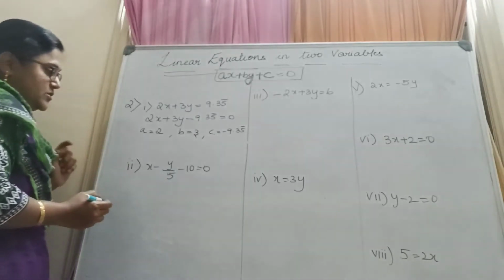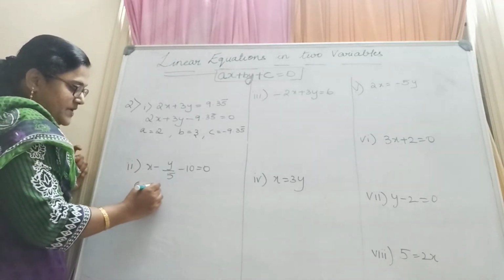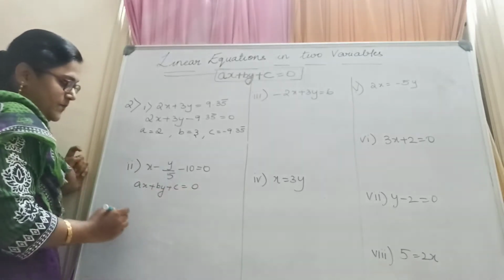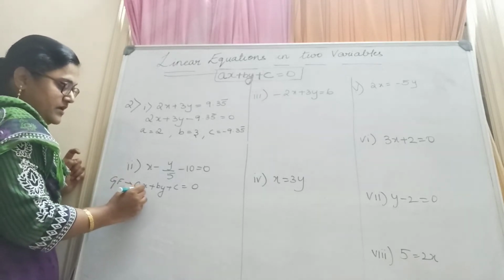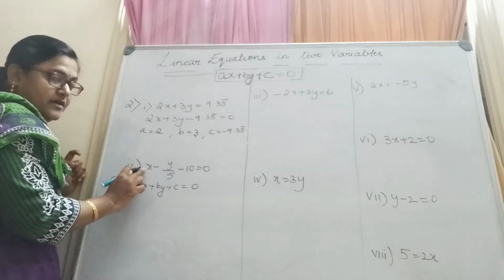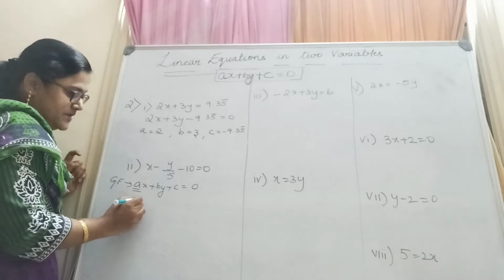Okay. Next question, it is already in the form of ax plus by plus c is equal to 0. This is the general form. Now here, in the place of a, what do you have? You don't have anything here. It means that it is 1. x exists, so the coefficient is 1.